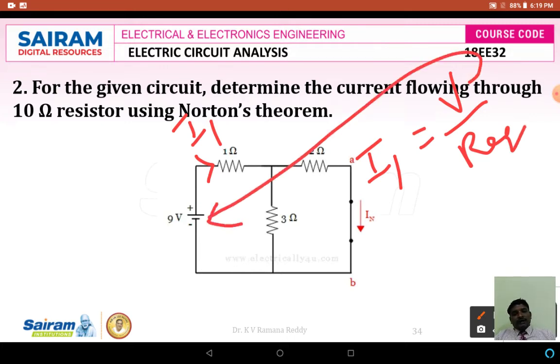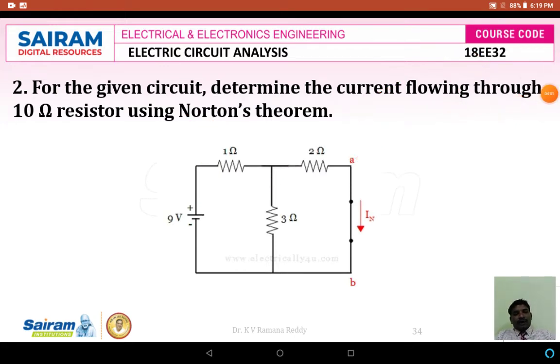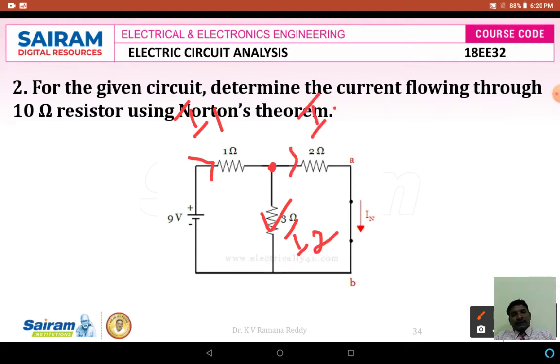Then what is the R equivalent value here? I1 is the total current driven by the 9 volts source, and it is divided into two currents. I2 is the current flowing through this 3 ohms resistor, and I3 is the current flowing through this short circuit path or 2 ohms resistor.